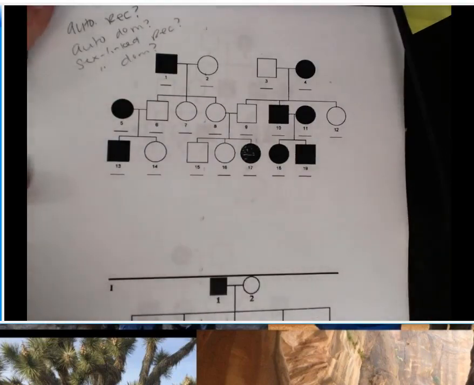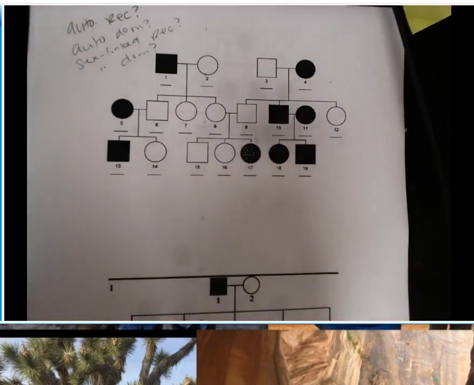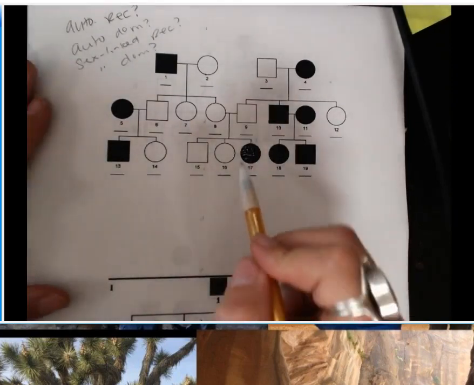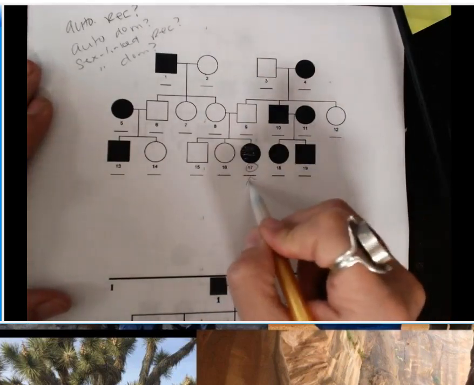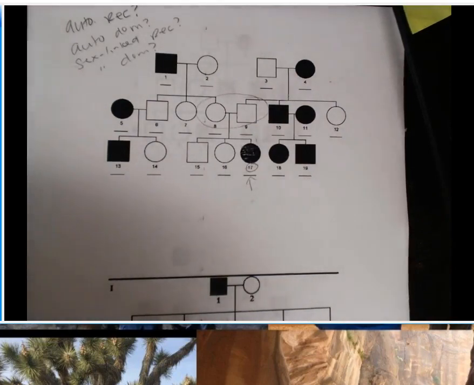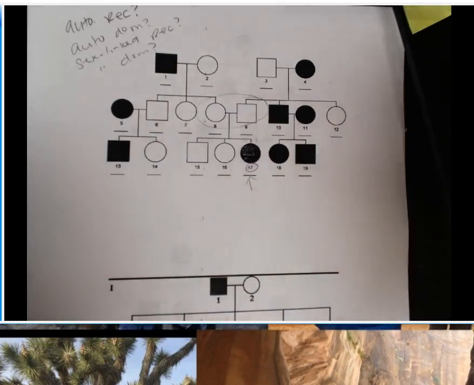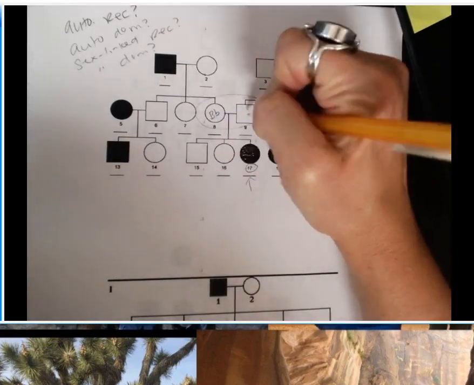Now let's start by looking for certain clues within our pedigree where we can do process of elimination. One thing I see here is this individual number 17 has the trait while neither parent does. So my job is to think about what kind of inheritance could produce this. If I say it could be a recessive trait, to model that I could assign each parent a genotype.